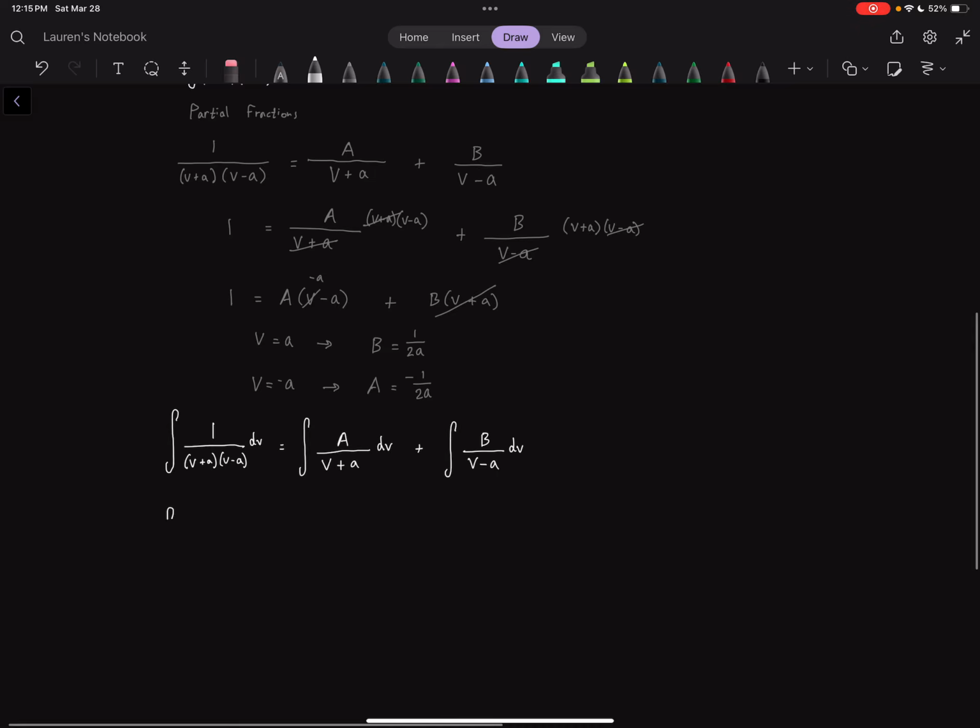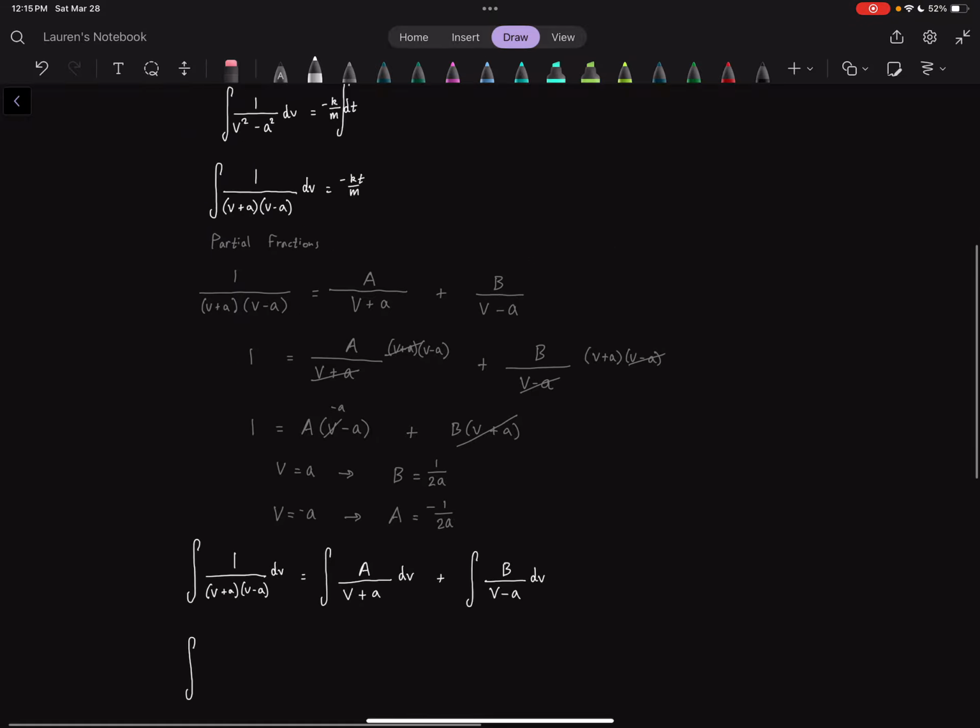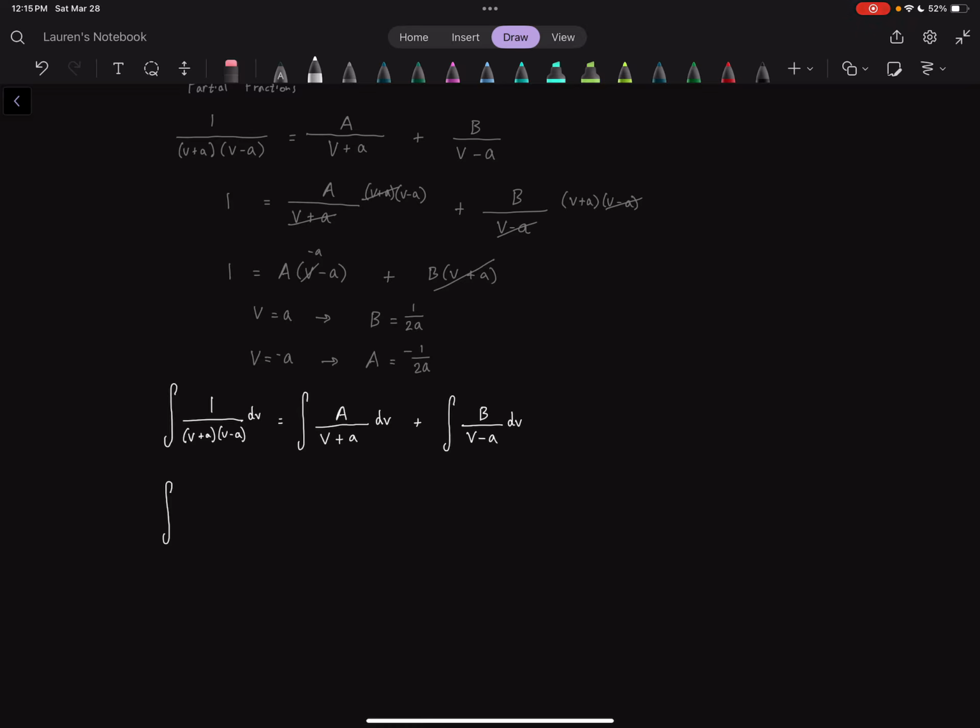So really, this integral, which we're taking from the left side of our equation up above, we have minus 1 over 2a, which we can put outside, times the integral of 1 over v plus a dv, plus 1 over 2a times the integral of 1 over v minus a dv.